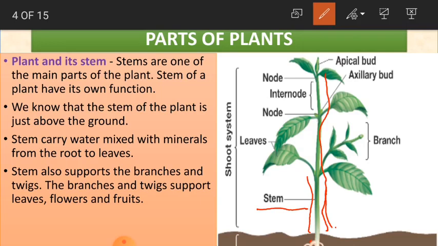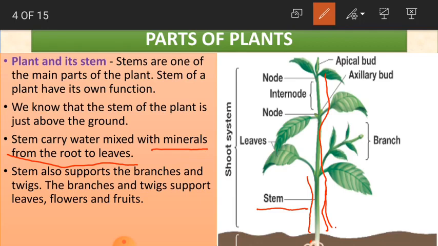What does this stem do? This stem carries water mixed with minerals from the roots to the leaves. How does a plant get water? We pour water for them, and rainwater is also provided to the plants.